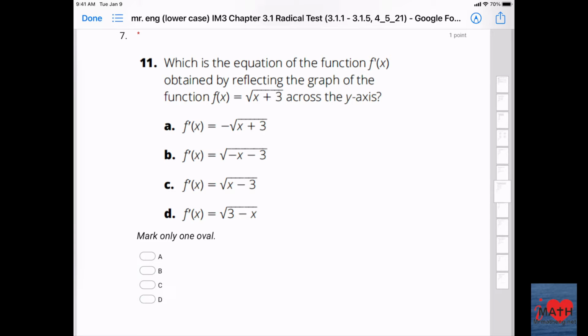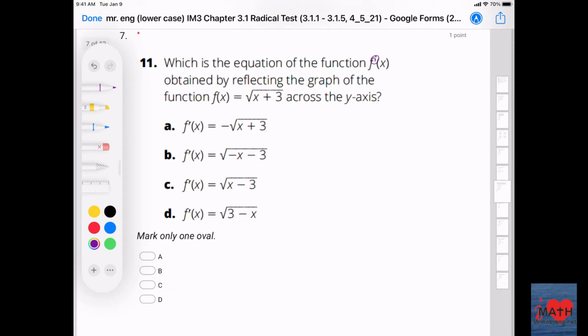Alright, let's go over question number 11 here, which is the equation of the function if I do some kind of transformations, that's what the apostrophe means there, obtained by reflecting the graph of the function f of x equals square root of x plus 3 across the y-axis. Okay, if I write out all the letters, the question is, which letter does this refer to?